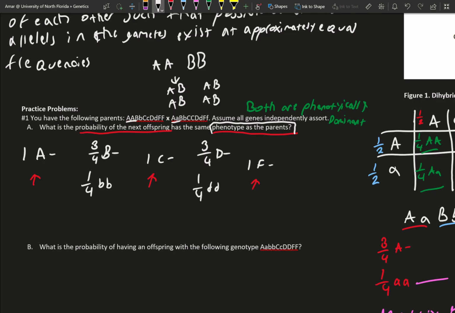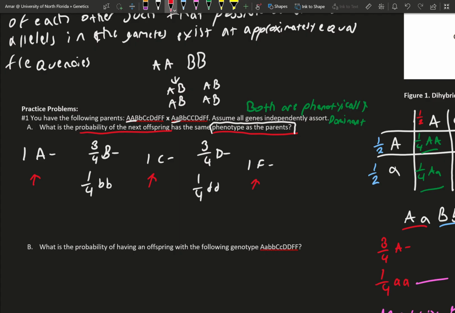But what is something you can also determine from the question, a quick way to figure out the phenotype proportion of being completely dominant at every gene? One thing you can realize is that you don't necessarily have to calculate every single possibility, because the question is not asking you to figure out every possibility from this cross. The question is telling you to figure out the phenotype proportion of an individual that is completely dominant at every gene.